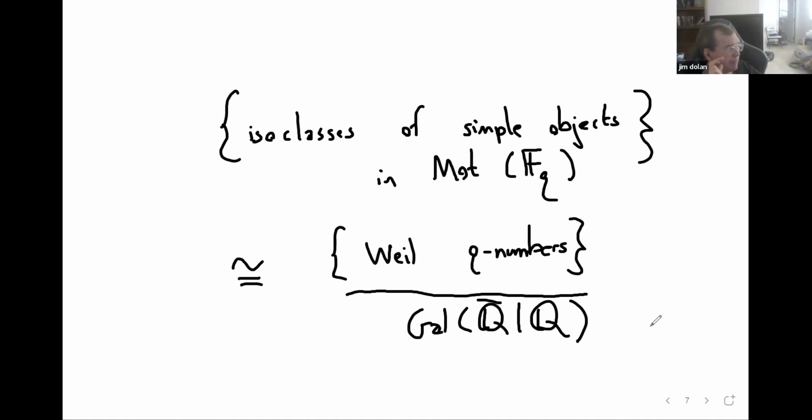Going by very naive, wild guesses, it's looking like some of the simple objects are not themselves tensor invertible.